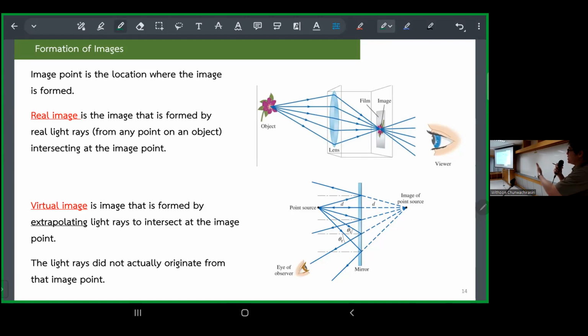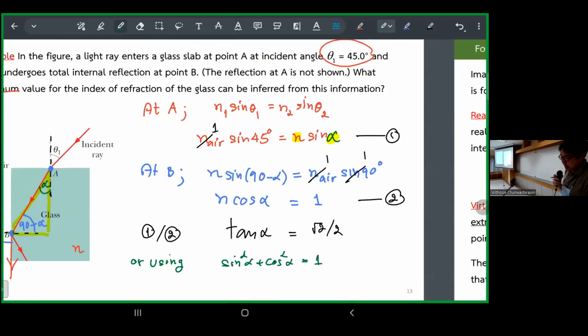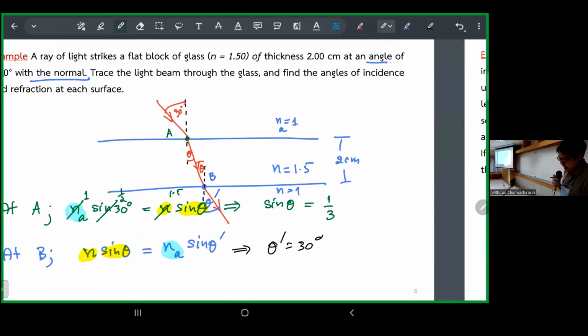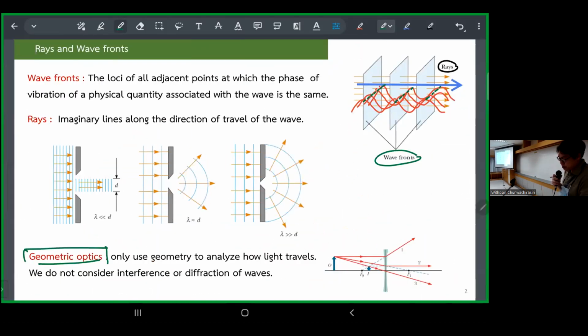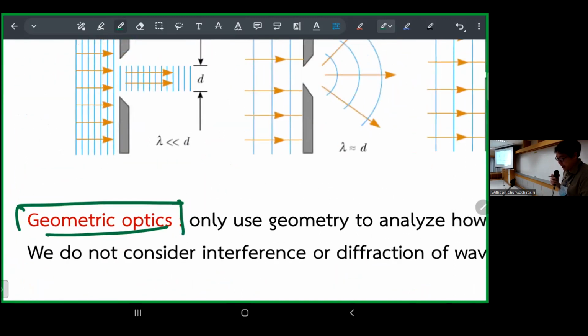And now we are at the last stop of light, where we throw away all the wave descriptions, and once again, just like we started out this particular handout, we only care about the direction of the motion of the light.